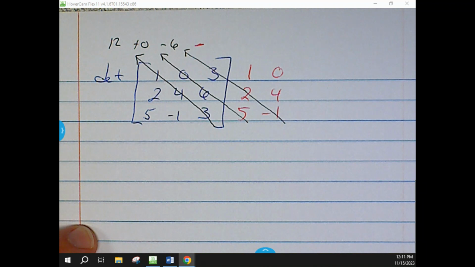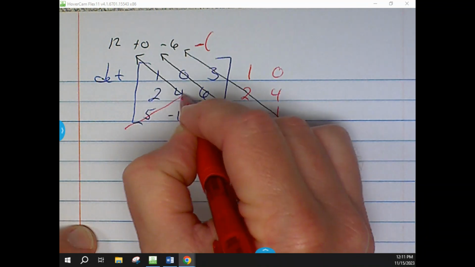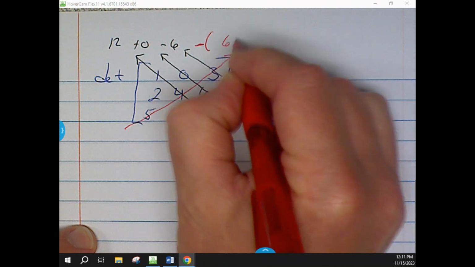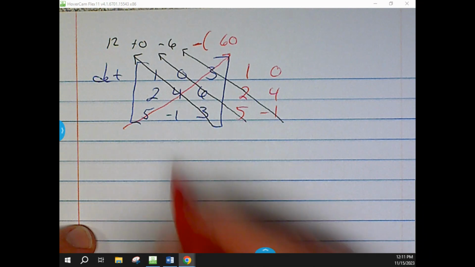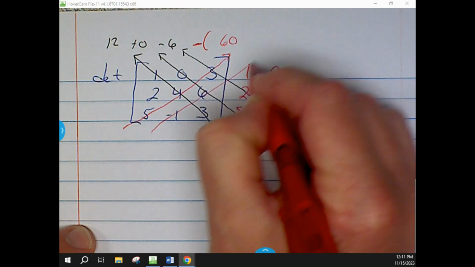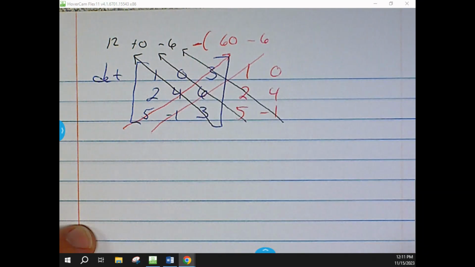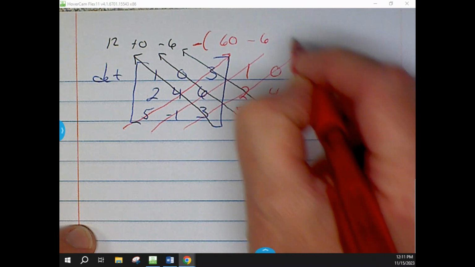Okay. And then we're going to go minus, and then we're going to go in this direction. 5 times 4 is 20. 20 times 3 is 60. 6 times -1 is -6. Times 1 is still -6. And then 3 times 2 times 0 is nice because that's just a 0.